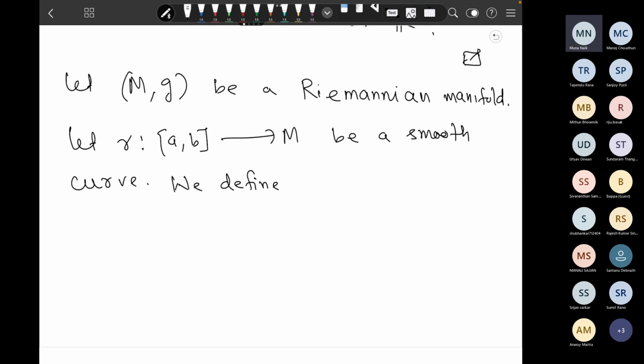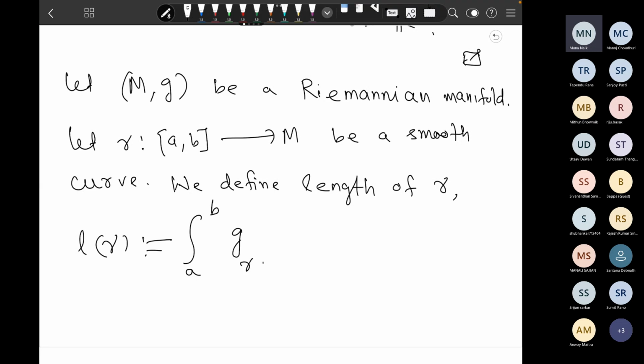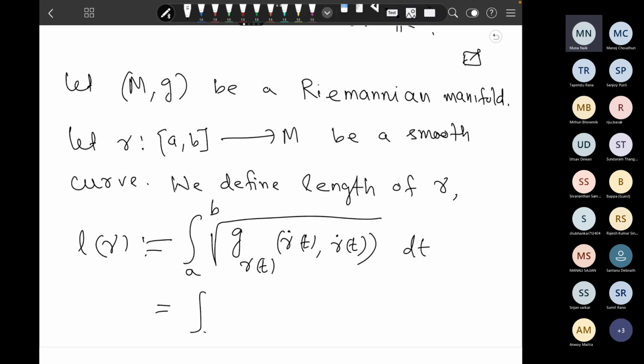This is a very important definition: L(gamma) is the integral from a to b of g_gamma(t)(gamma dot(t), gamma dot(t)) to the power half, root over, dt. This is analogous to the Euclidean case, the integral of the norm of gamma dot(t) dt.